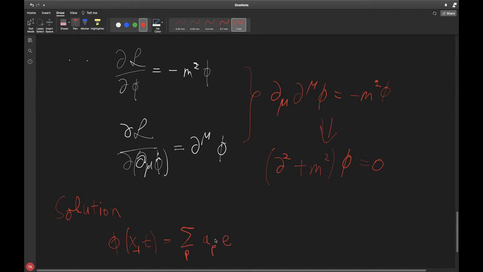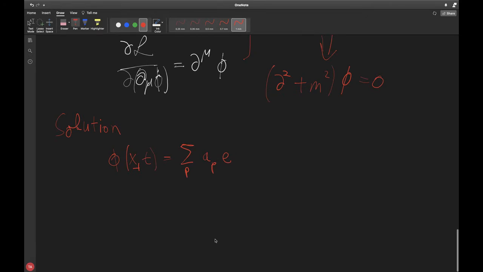For now it's really just a coefficient here, and then we have the exponential of minus i, the energy corresponding to that momentum p multiplied with the time, minus the p and the x. This is the solution to this equation.